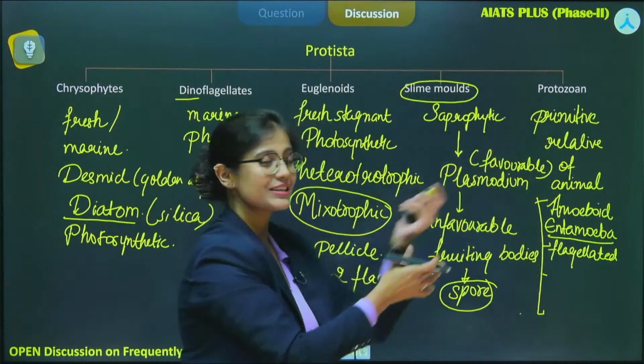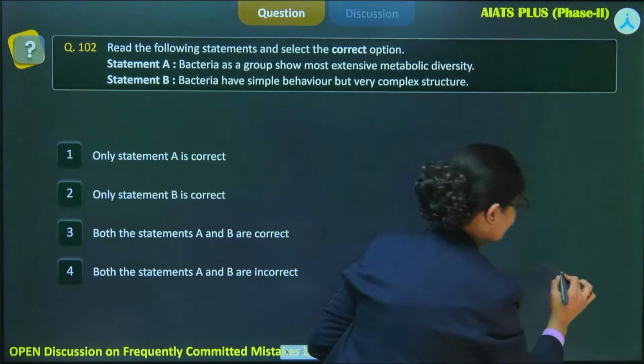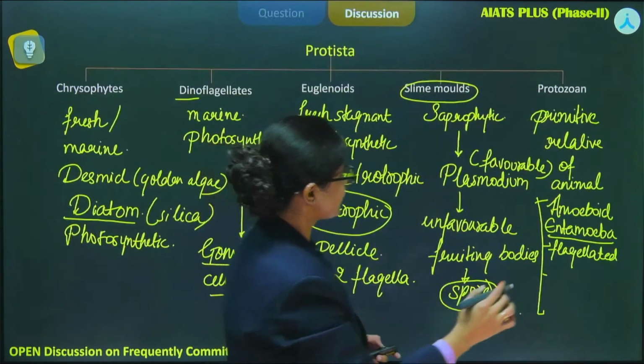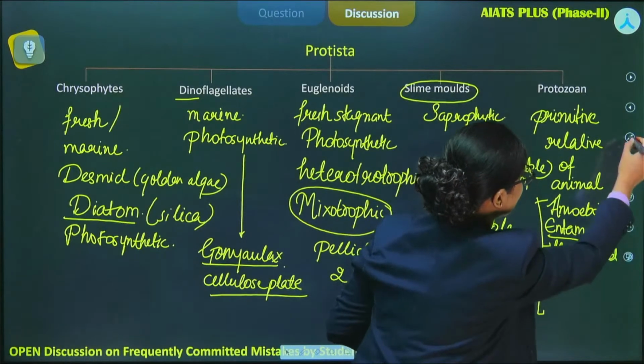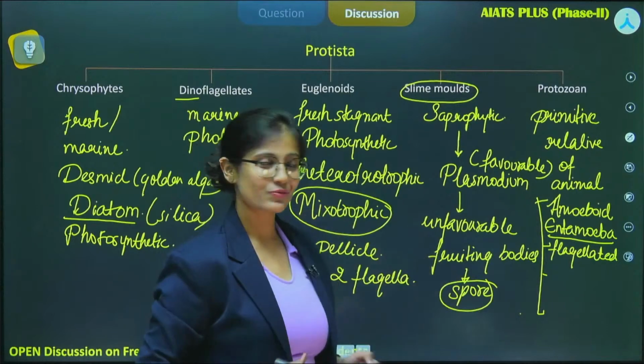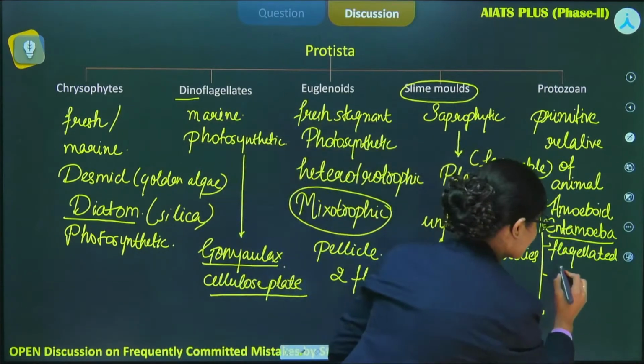Sorry for the inconvenience, the pen was not selected. Now, let's get back to flagellated protozoa. So, an example of a flagellated protozoan is Trypanosoma.